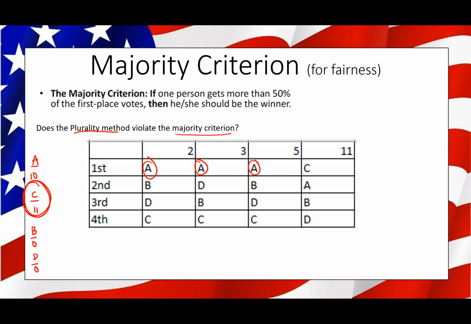So does the plurality method, which says C is the winner, violate the majority criterion, which says C is the winner? The answer to this is no. I can just say C wins both. So if you have C winning both, it does not violate the majority criterion.